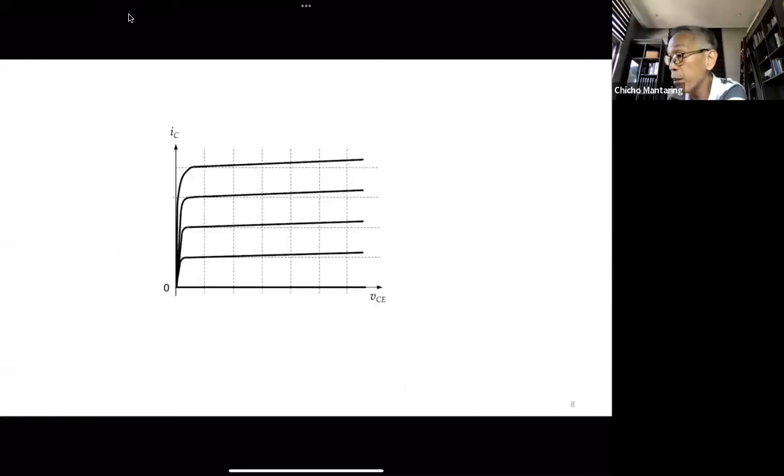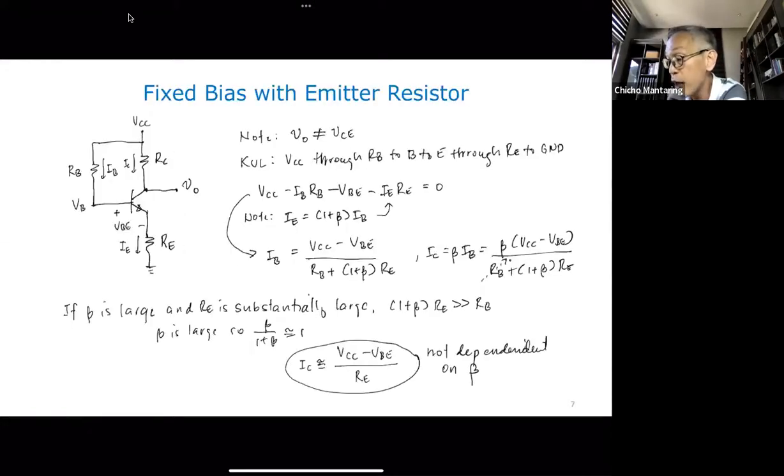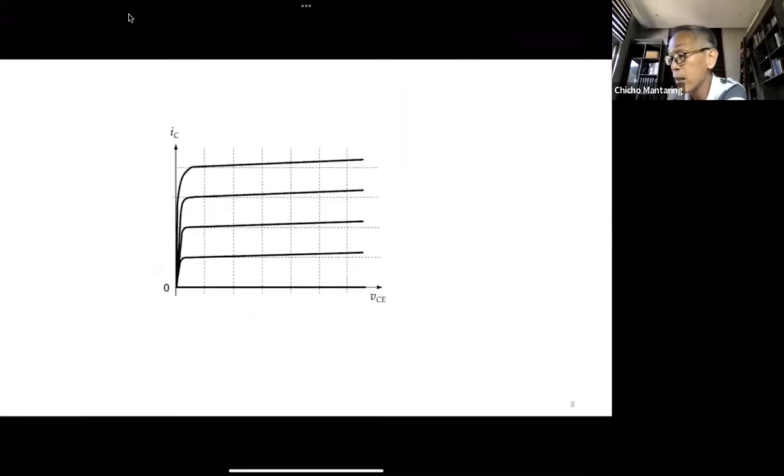Okay, the problem with this is, there's a constraint. You cannot make RE arbitrarily large.